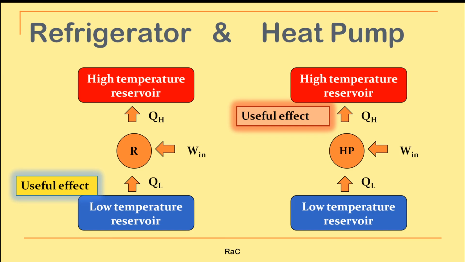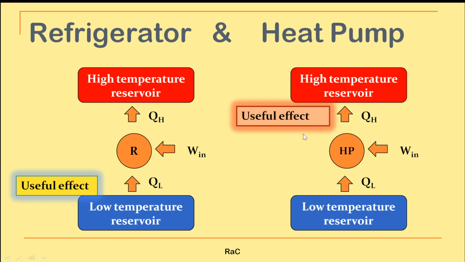Now, before defining and understanding the second important term, that is the coefficient of performance, let us have a look at the difference between a refrigerator and a heat pump. Both are functioning in the same way except the desired effect. In a refrigeration system, the desired effect is maintaining a lower temperature.